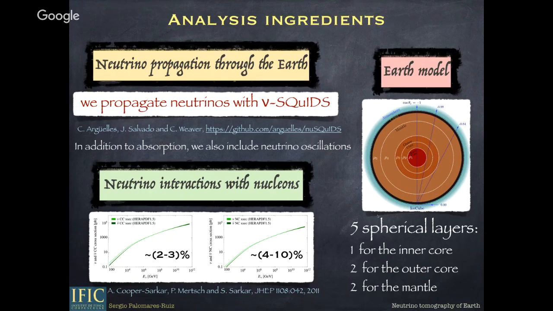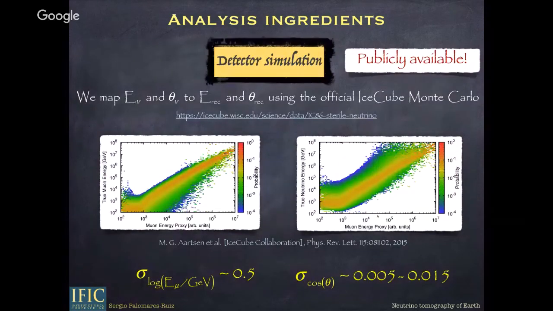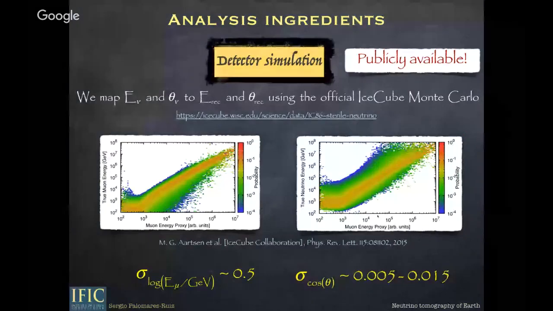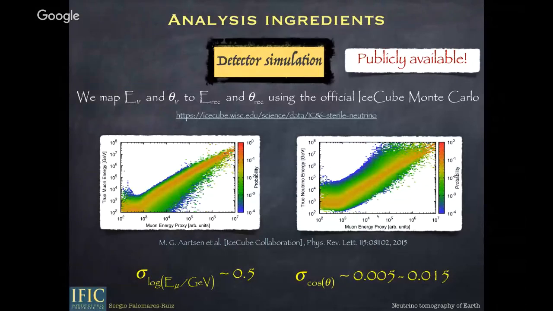And finally, we need to know how to map the observed quantities into the relevant quantities like neutrino energy and neutrino direction. For that, we need the detector simulation, which again is publicly available. Without that, we wouldn't be able to do this type of analysis.